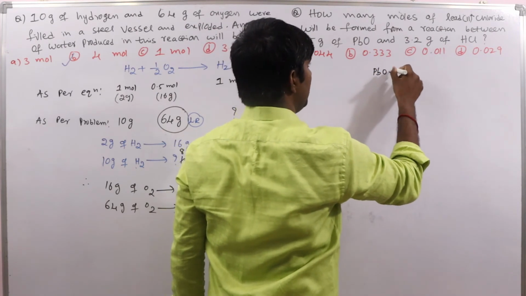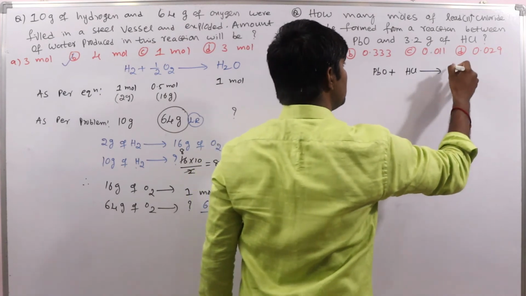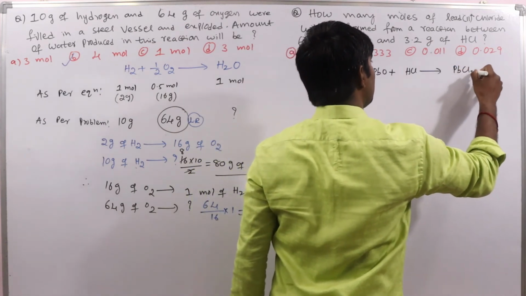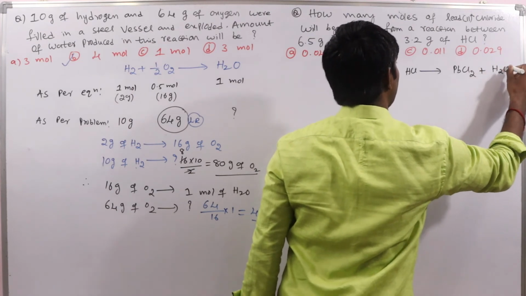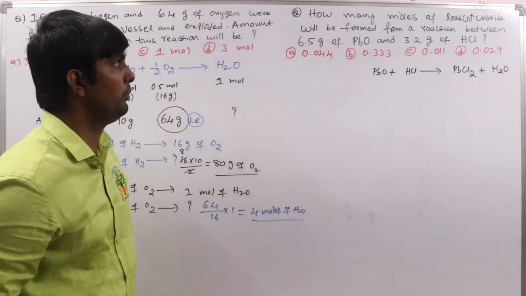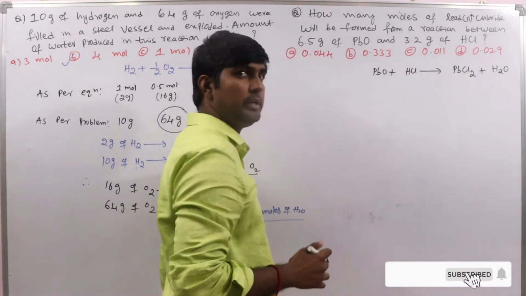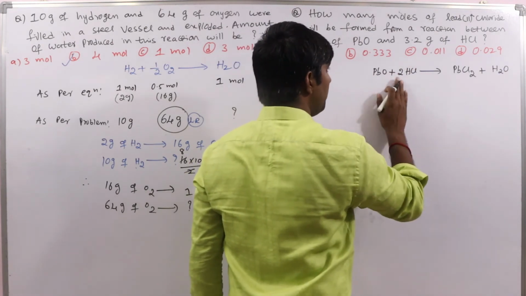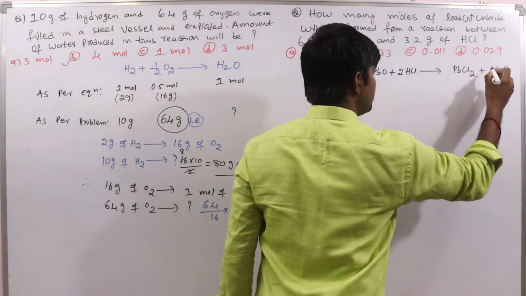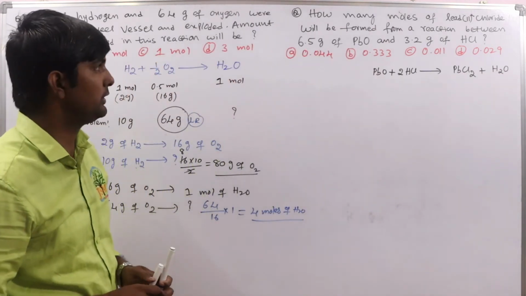Lead oxide plus HCl react to form lead chloride plus H2O. Lead chloride is nothing but PbCl2. If you balance this, PbO plus 2 moles of HCl gives PbCl2 plus water. Now this is a perfectly balanced reaction.